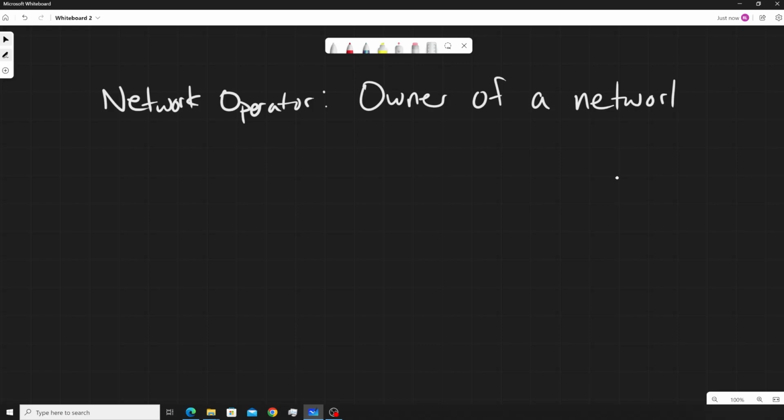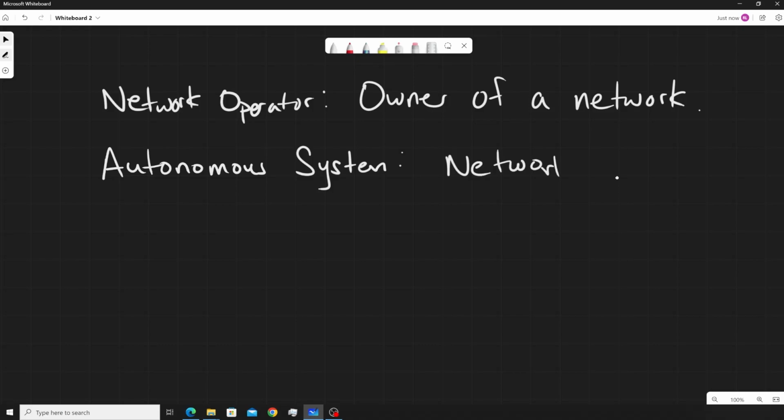And then we have autonomous system, which are network operators that facilitate the delivery of messages across the internet.